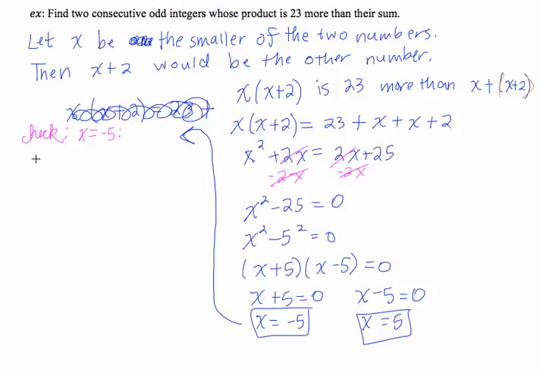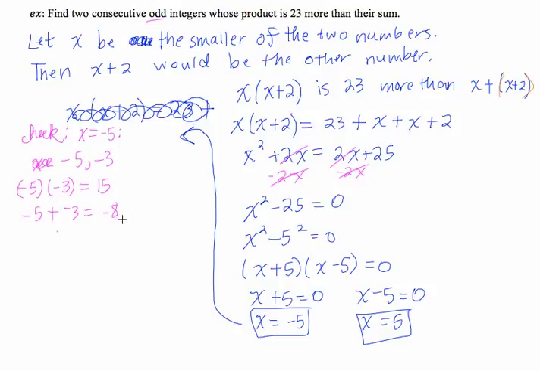If x is -5, then the next odd integer would be -3. So we'd have -5 and -3 as the two numbers. Their product would be -5 times -3, which is 15. And their sum, -5 plus -3, is -8.